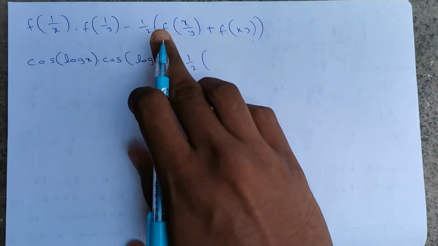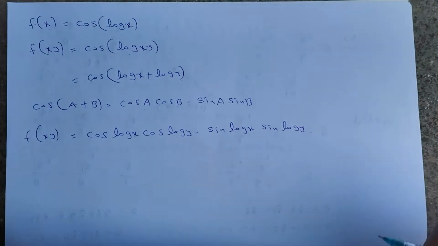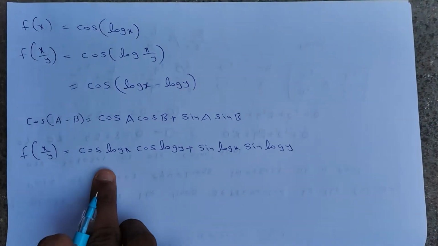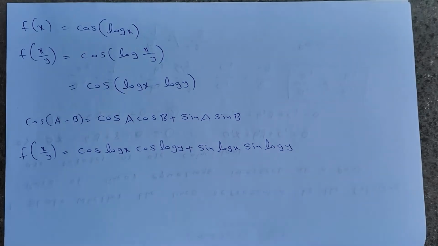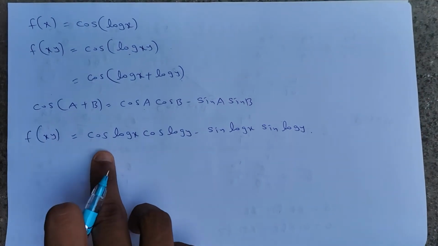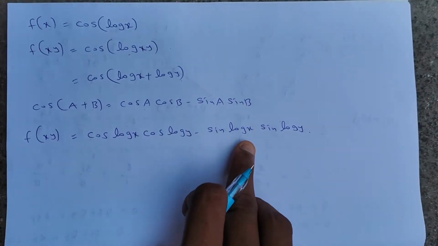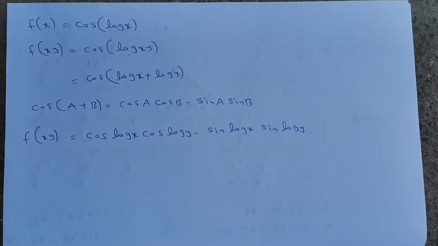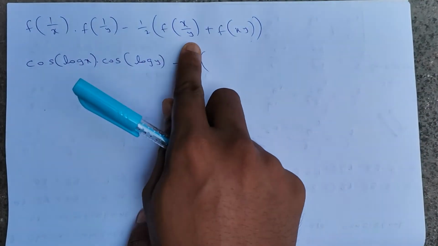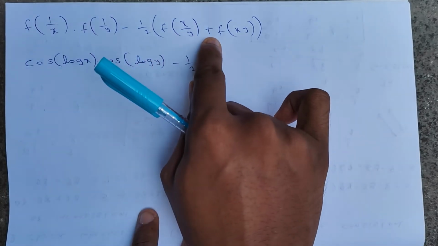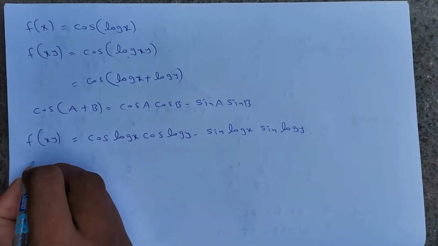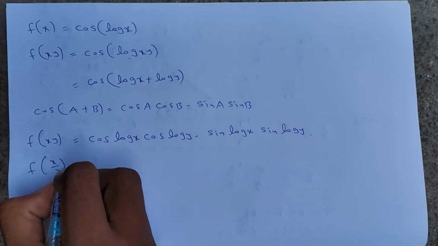Just now we solved f of x by y. Here it is cos log x cos log y plus sin log x sin log y, whereas f of xy value is cos log x cos log y minus sin log x sin log y. So here we want f of x by y plus f of xy. These two terms addition, I will do that. Under f of xy I am writing f of x by y value also.